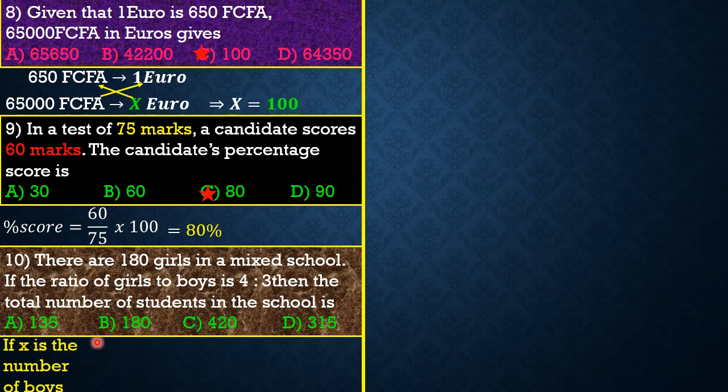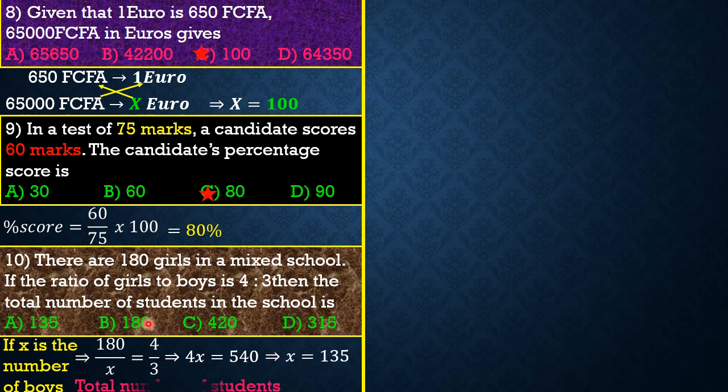The ratio of girls to boys is 4:3, which means 180 over x has to be equal to 4 over 3. If we cross multiply and solve for x, we have 4x equal to 540. If we divide all through by 4, we have x equal to 135.